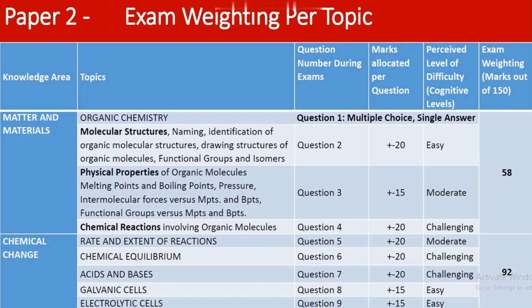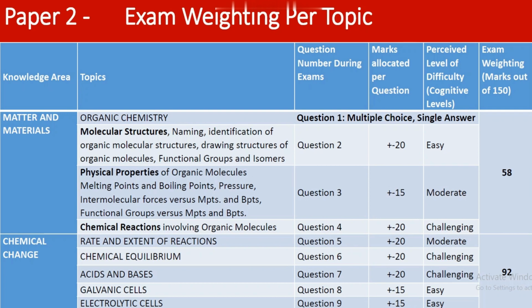The easiest marks in organic chemistry come from question number 2, which focuses on molecular structures. In this question, you'll be required to name organic compounds. That is nomenclature. You're also going to be required to identify organic structures, molecules, whether it's a chemical formula, whether it's an isomer or whatever it is.